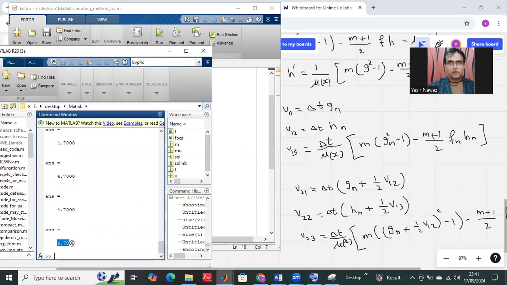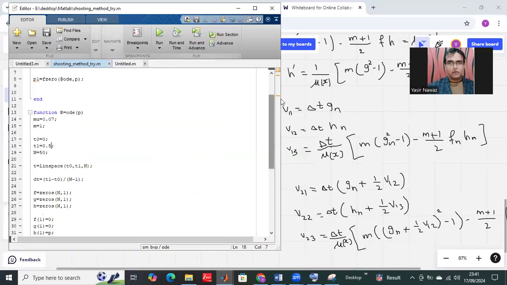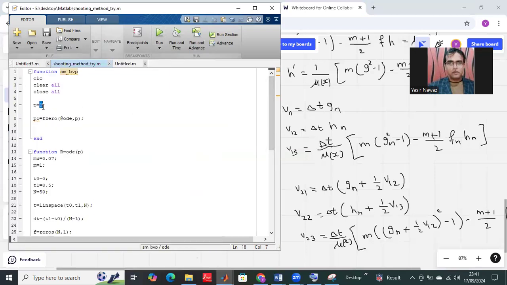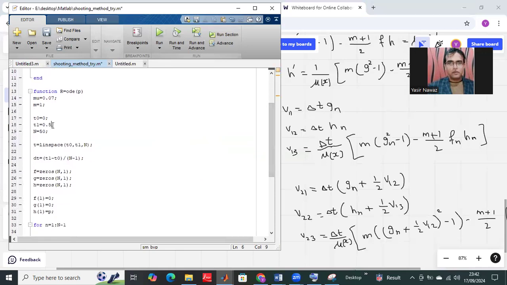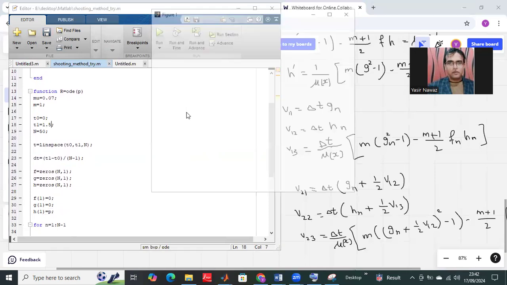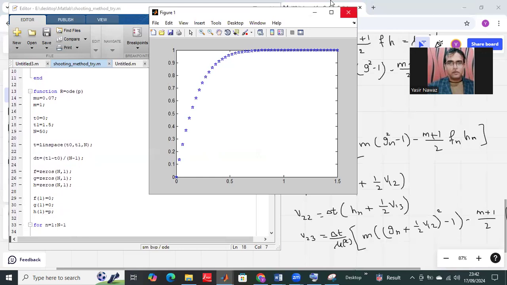Now it's 4.7. So I will do the latest guess for the missing initial condition, and I will run it on 1.5. Yeah, it's working.